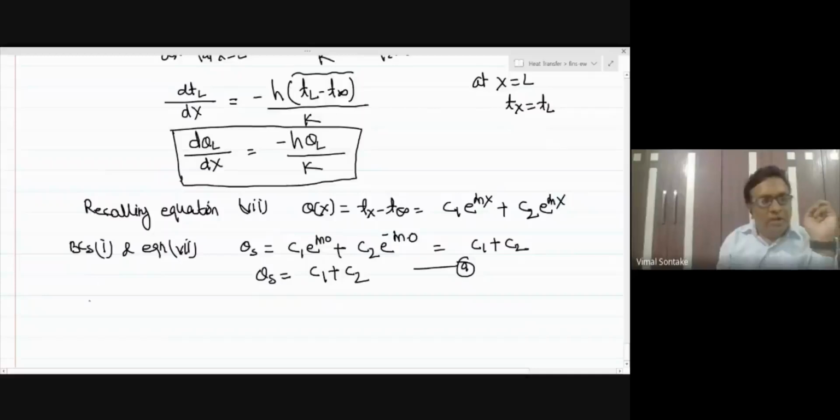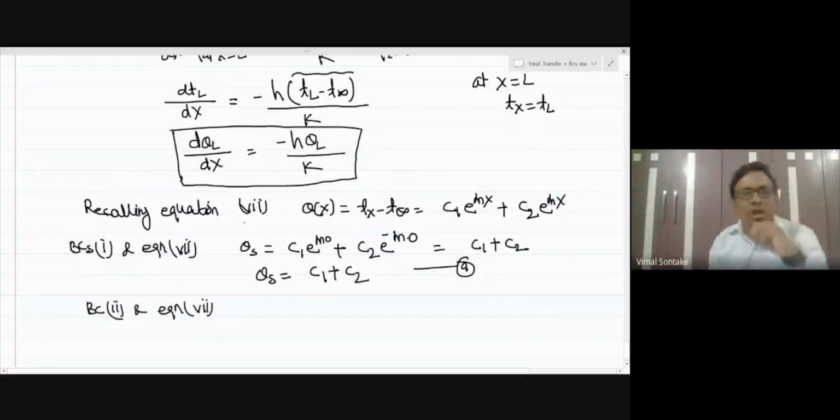Similarly, boundary condition 2 and equation 7. Now boundary condition 2 is in the form of a derivative.